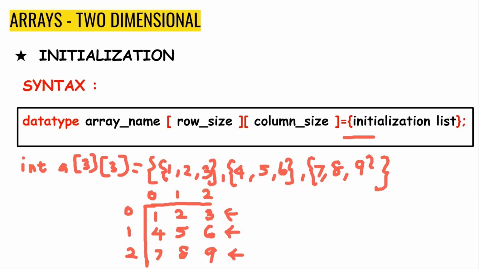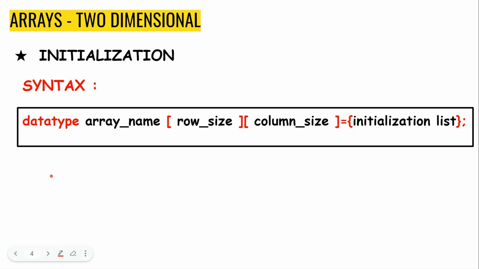If the values in the inner braces for each row are fewer than the size, then the remaining values will be set to 0. As we do in a single dimensional array, if we do not have sufficient values, then the remaining locations will automatically be set to 0. Say for example, int a[3][3] equal to curly bracket.